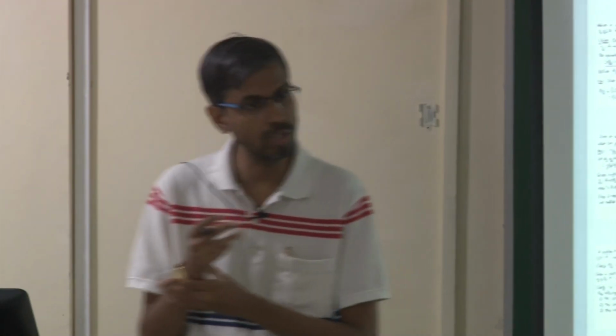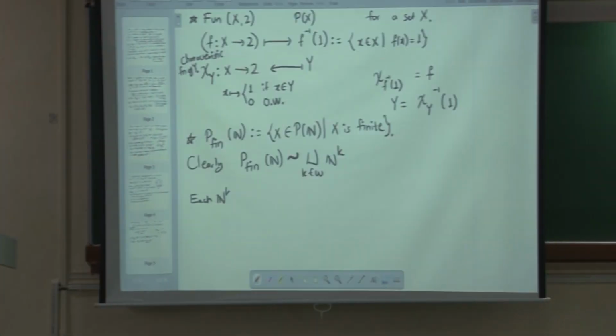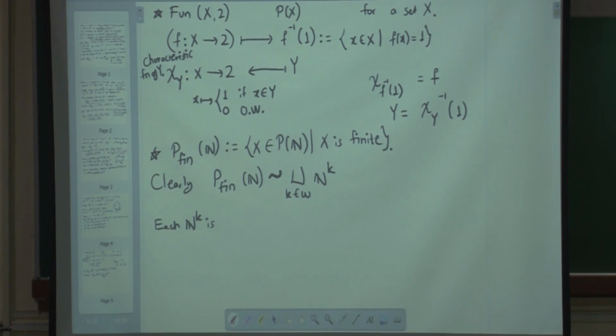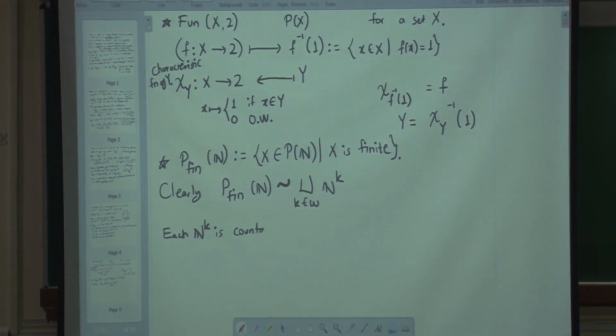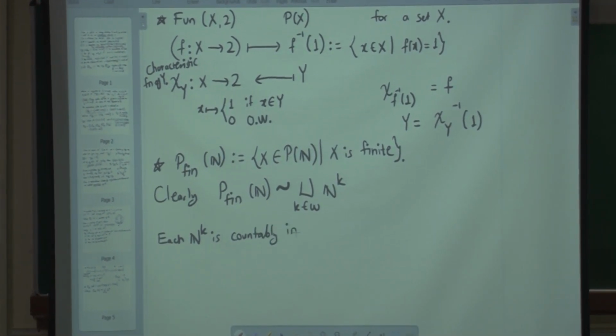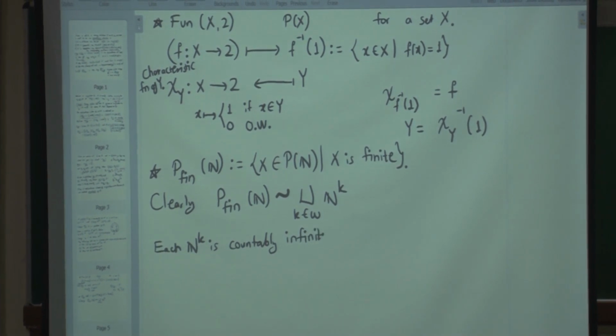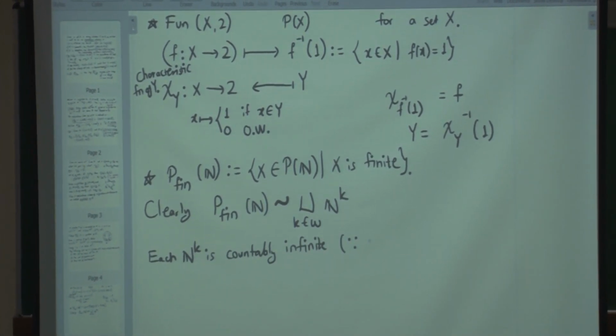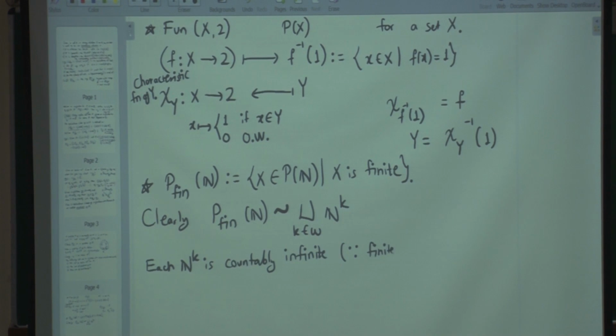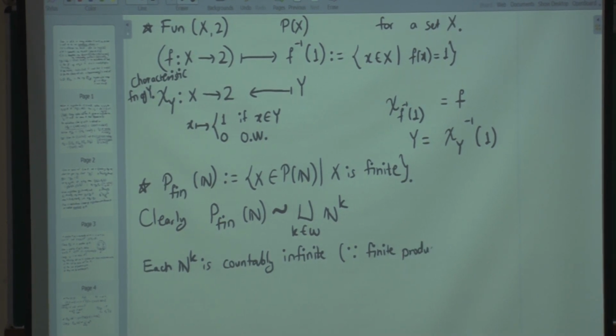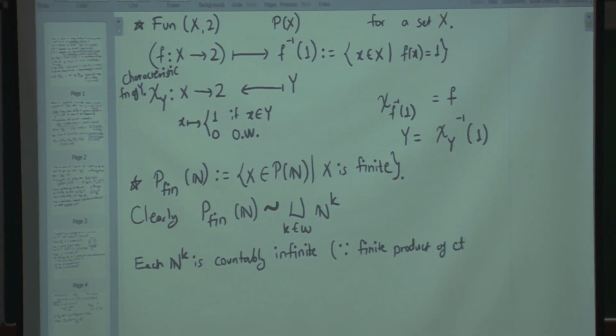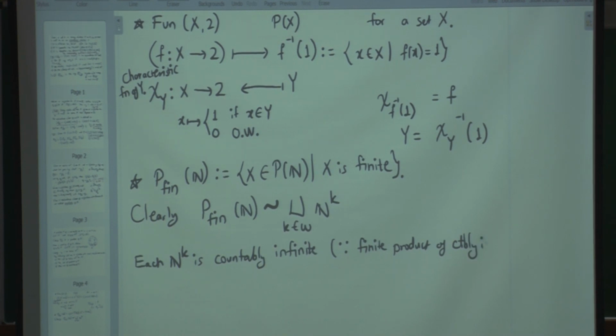Therefore, each n to the power k is countably infinite. What is the argument? That a finite product of countably infinite sets is again so.